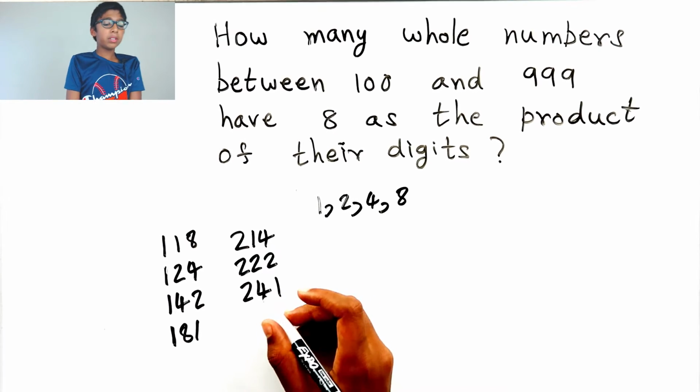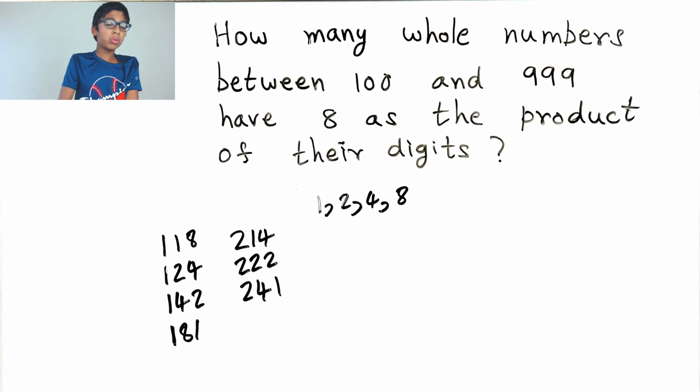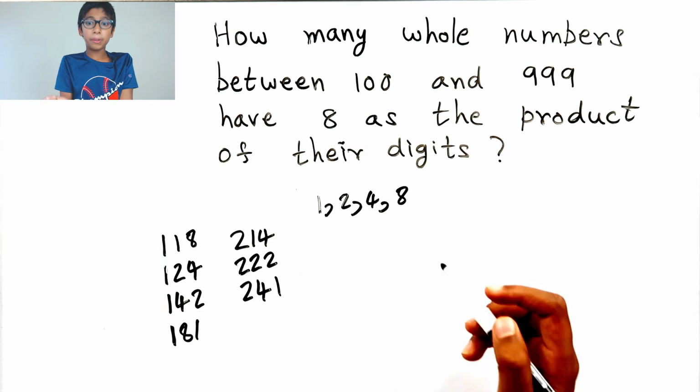Then 241, because all we did is switch these around. Now, we can't go with 8, because even if we do 2 times 8, that's 16. So that's all we can do.